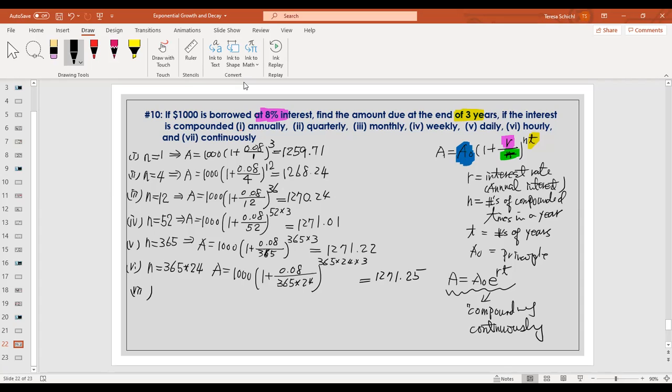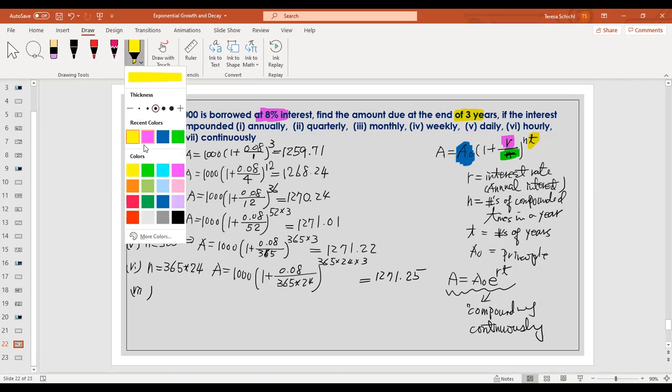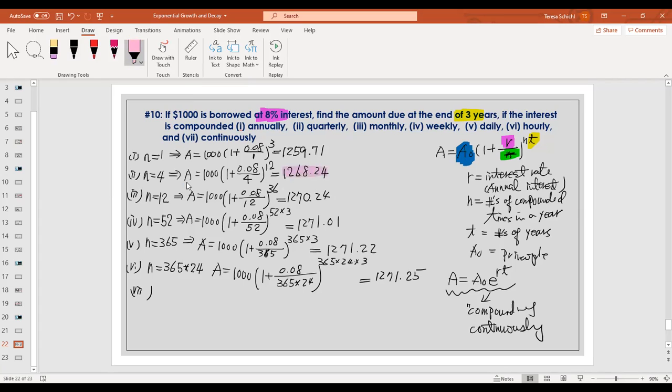Okay, so the last thing is here. I want to see if I compound it more and more frequently. If you take a look at the amount, from one compounding annually to quarterly, you make a big jump of about $9.